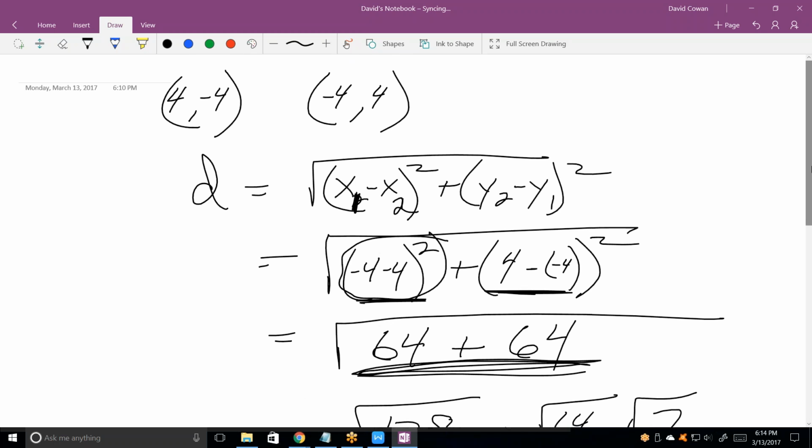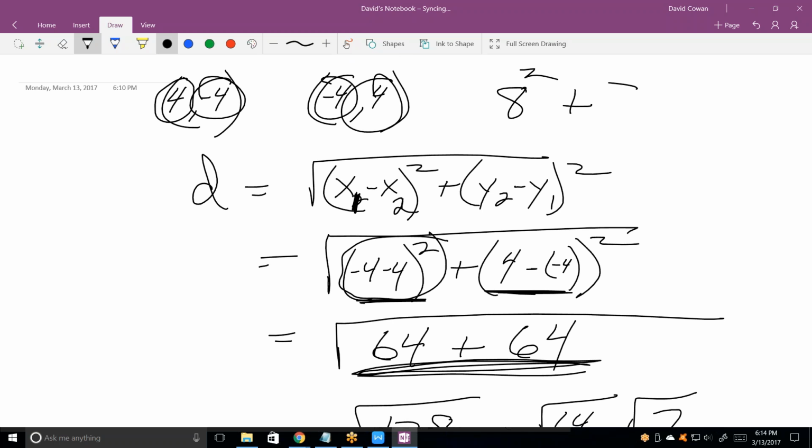In other words, if you're doing the math here, I could do that minus that, which gives you 8 squared, plus, and now I can go the other way if I want. That minus that, which gives me 8 squared also. You do have to take the square root of those.